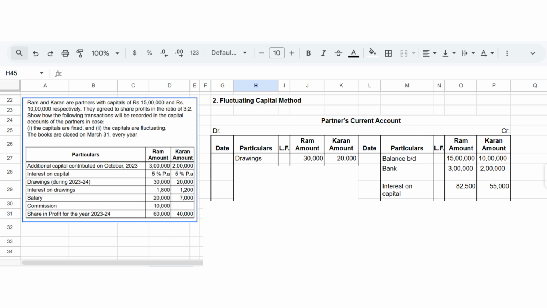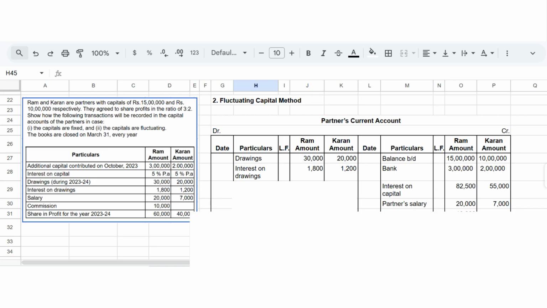Debit side, drawings 30,000 and 20,000. Next, interest on drawings, that is 1,800 and 1,200. Debit side, interest on drawings 1,800 and 1,200. Salary 20,000 and 7,000. Salary Ram 20,000 and Karan 7,000.